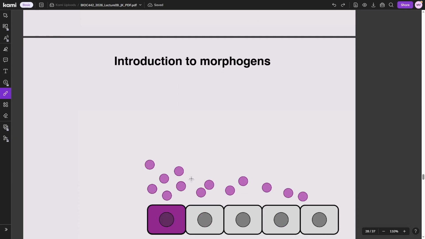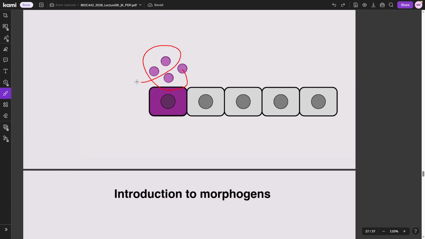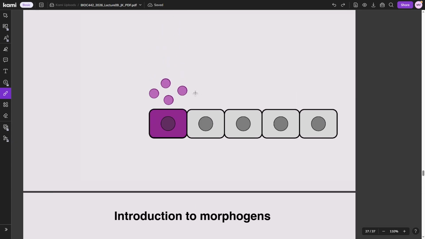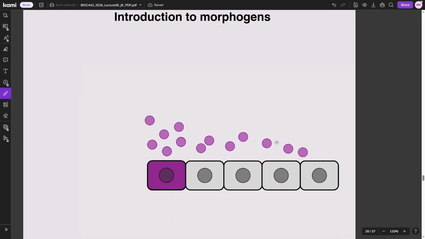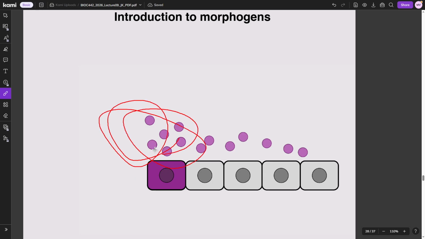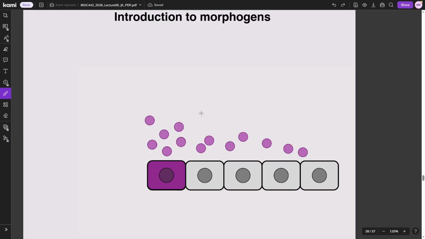And eventually, these particles or molecules are going to diffuse across. They're going to diffuse in different directions. In this case, let's just assume that they diffuse only this way, to the right. And eventually you'll see a bit of a concentration gradient. As this cell continues to produce more of this chemical, a lot of it will compile here, but entropically it's favorable to go from high to low concentration.